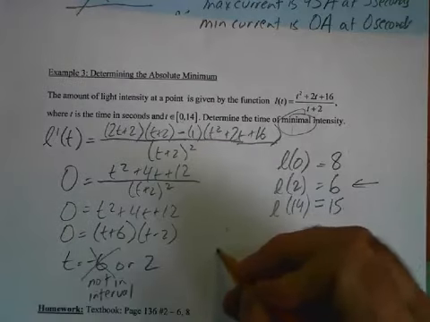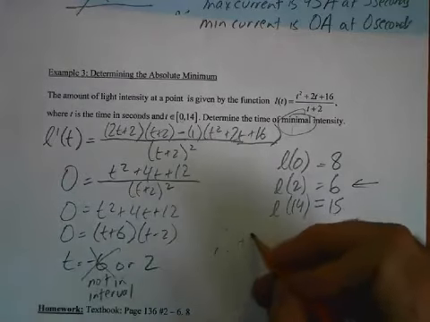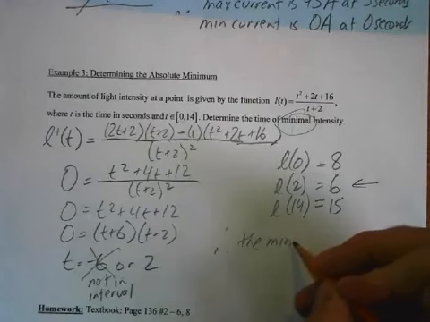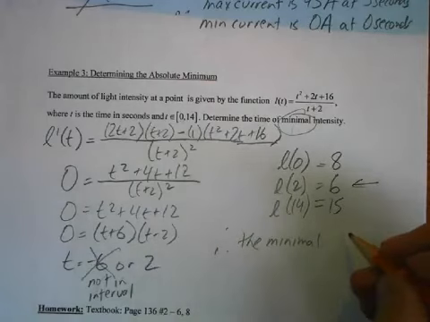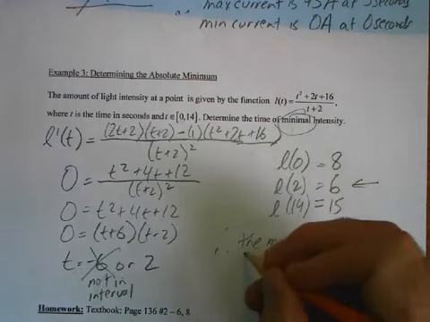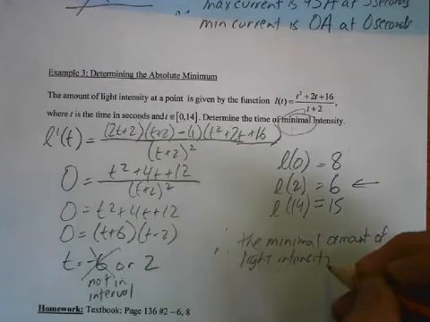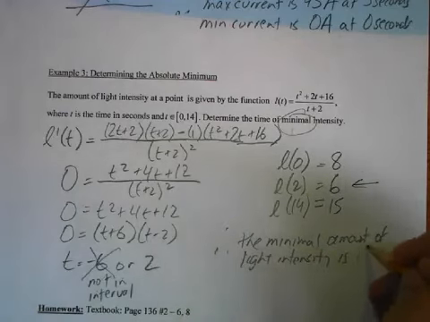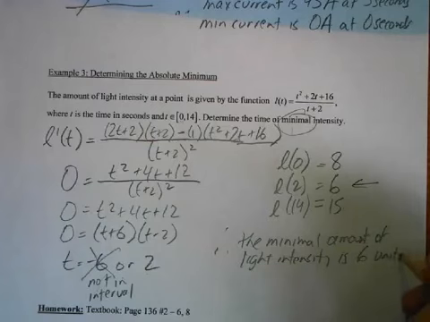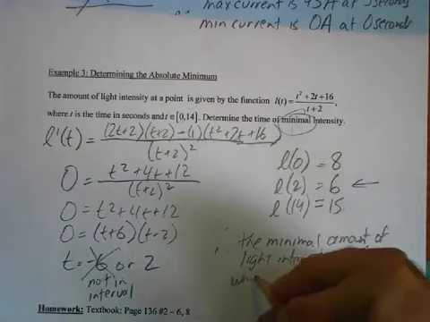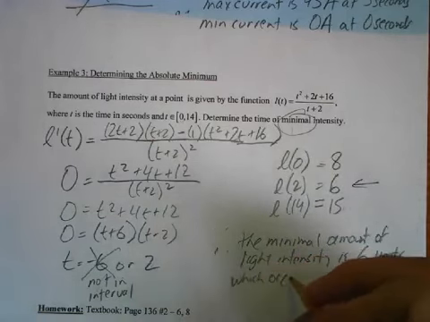So therefore, the minimal amount of light intensity is 6, and I'll just put units, which occurs at 2 seconds.